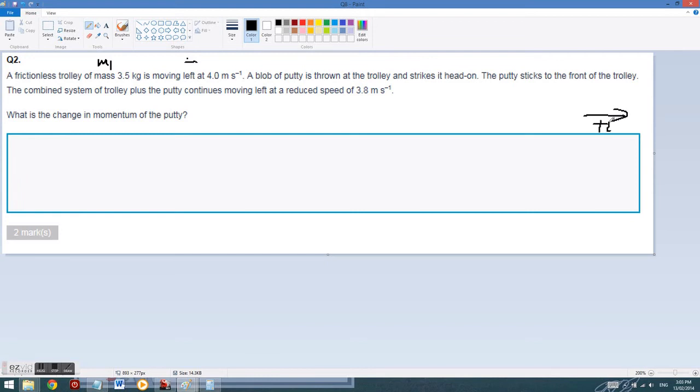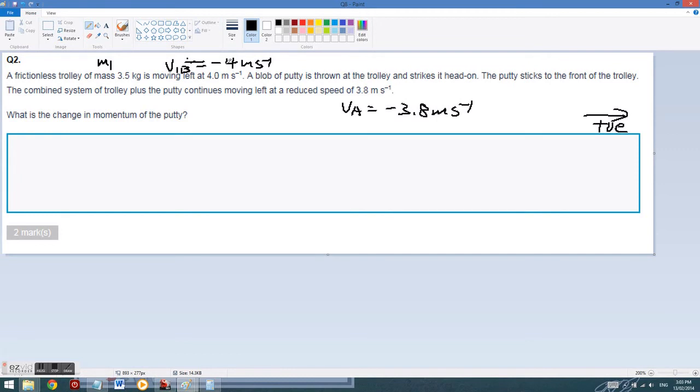So if we make right positive, when moving left, V1 before will be minus 4 meters per second. Now a blob of putty is thrown on the trolley and strikes it head on. The putty sticks to the front of the trolley. The combined system of trolley plus the putty continues to move left. So V afterwards will be minus 3.8 meters per second.